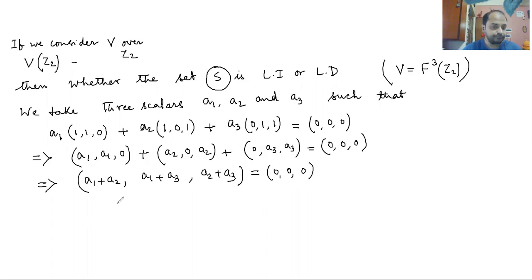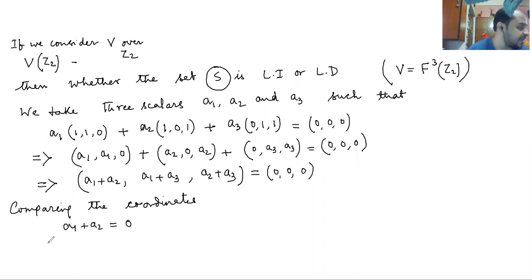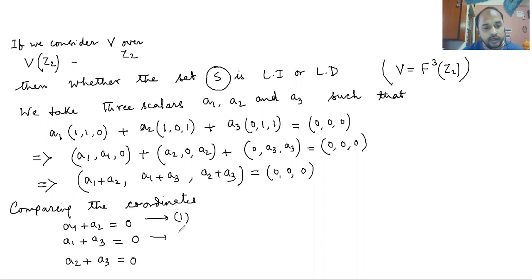Now you see, if I compare the coordinates, we get A1 plus A2 equal to 0, A1 plus A3 equal to 0, and A2 plus A3 equal to 0. These are the first three equations which I have got from the linear combination we have considered.